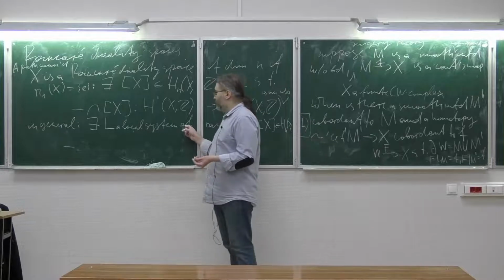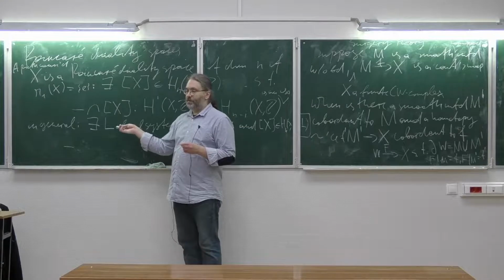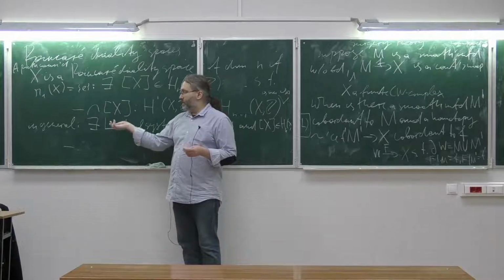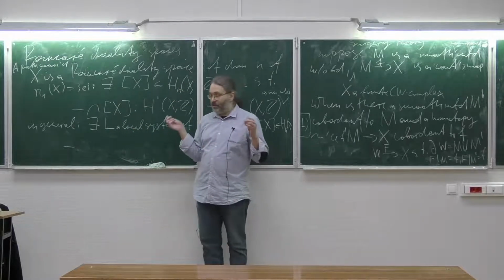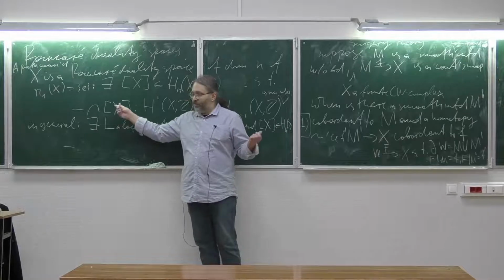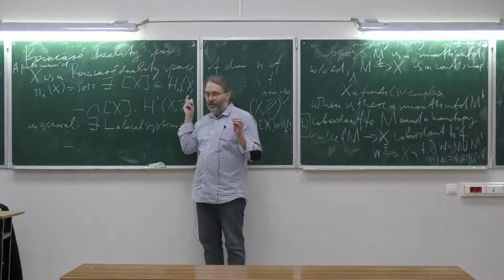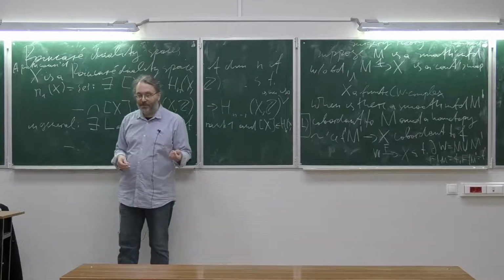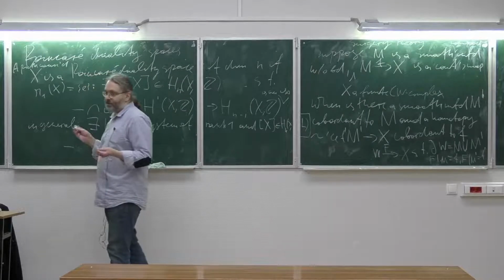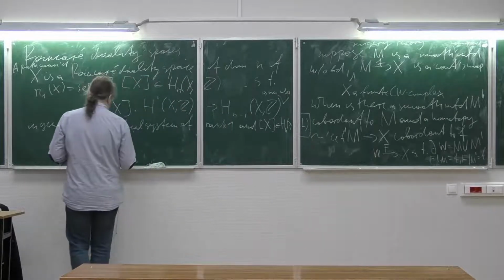So we want to include an extra local system. Yes, but from the homotopy point of view, the problem with orientability is a problem with pi_1. So if we want to have a homotopy invariant definition, we need to include a local system, or at least that's the way I see it. Maybe I'm wrong.